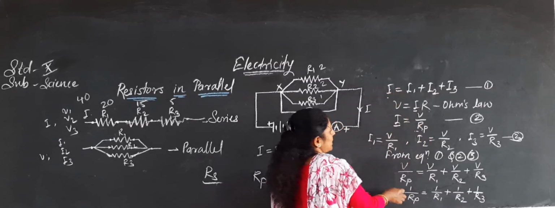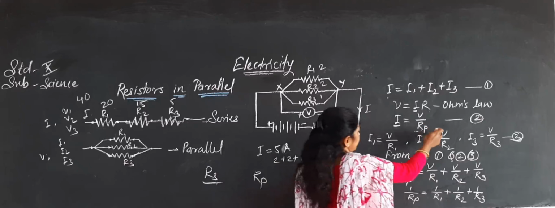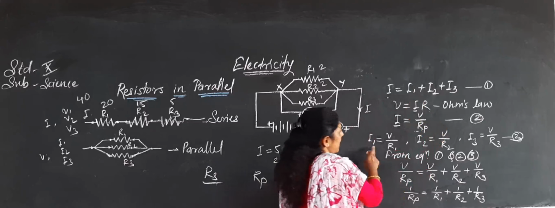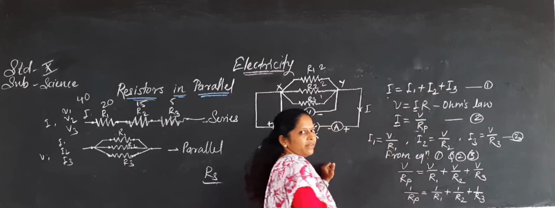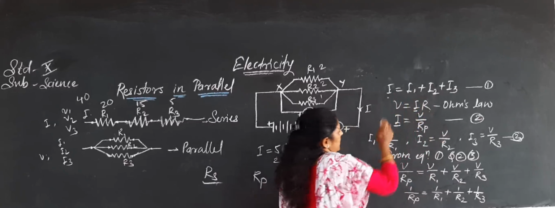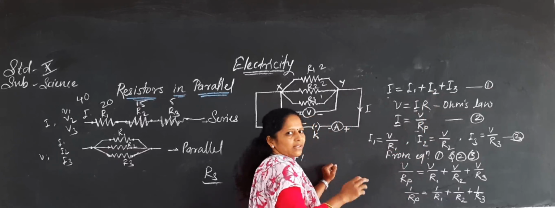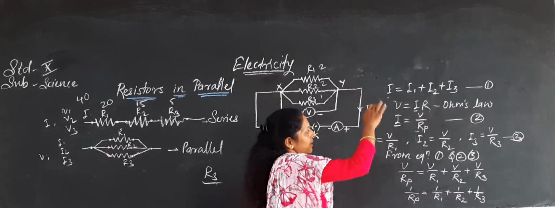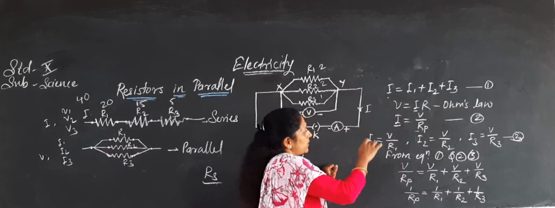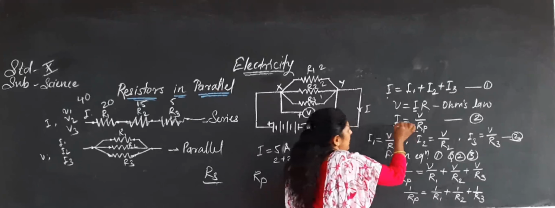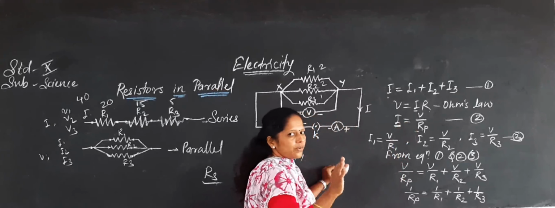Next, what is I1? That is nothing but V divided by R1. Then put in the I2 value, inserting all the values. When we combine equations 1, 2, 3, you will understand Ohm's law, I is equal to V divided by Rp.